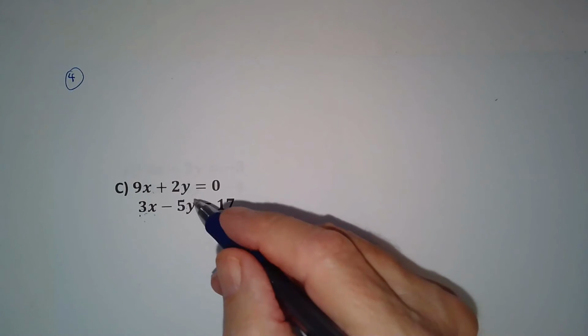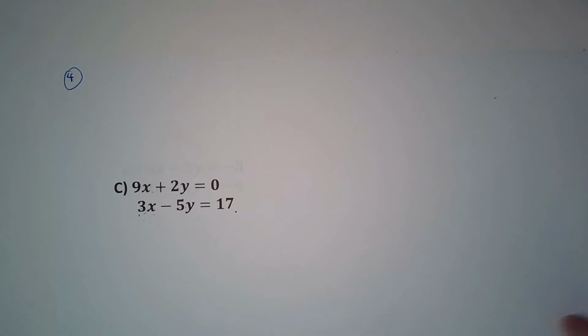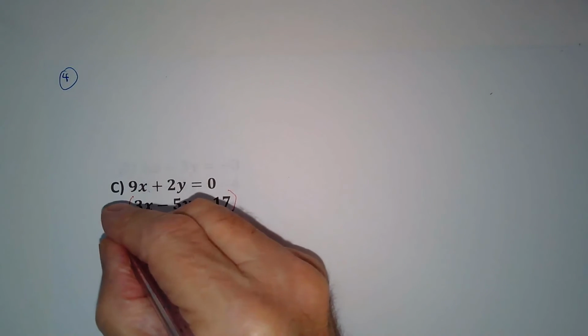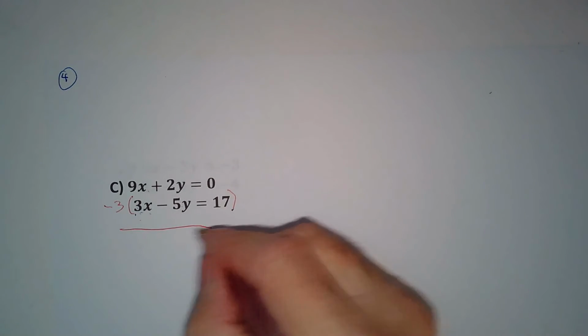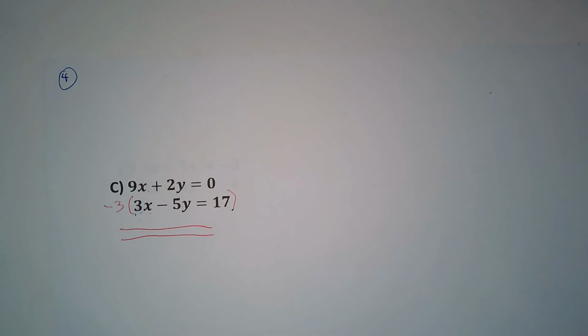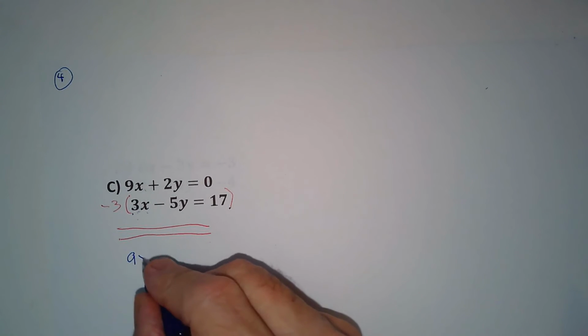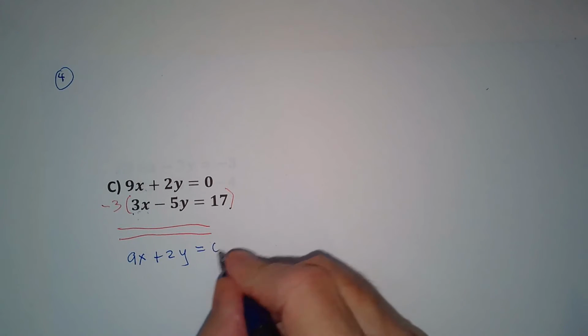So let's do that. So we're going to go ahead and multiply the entire equation, the second equation, times negative 3. All right? So I'm going to just put a double line here so that you know we're going to rewrite the equations again. So I'm going to rewrite the top equation, 9x plus 2y equals 0.